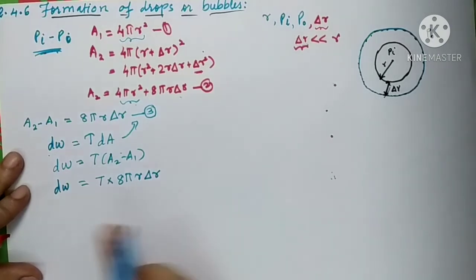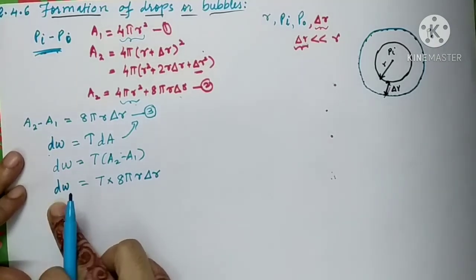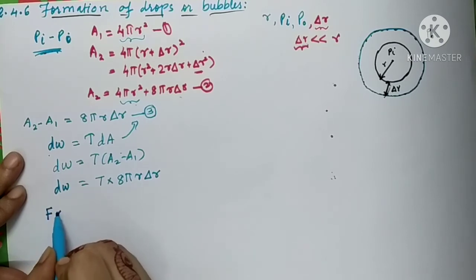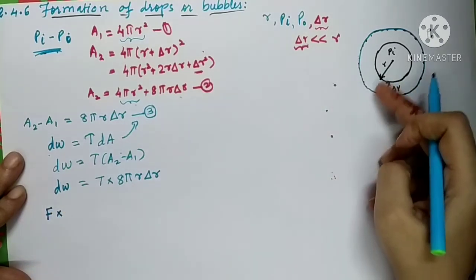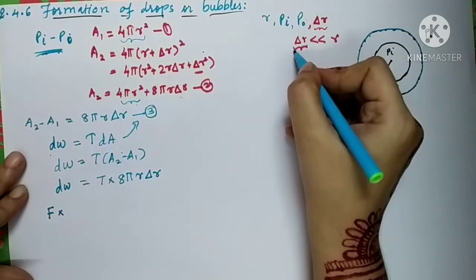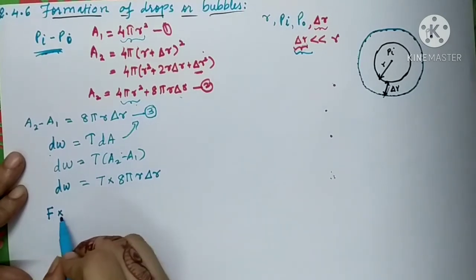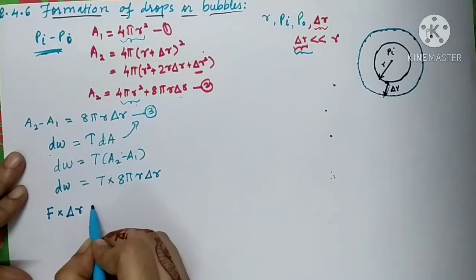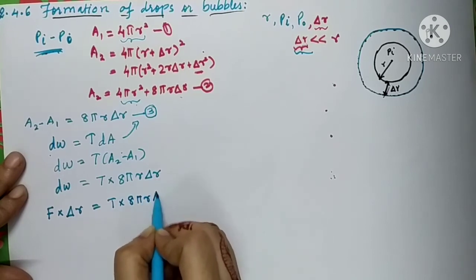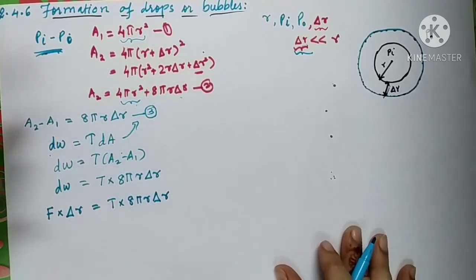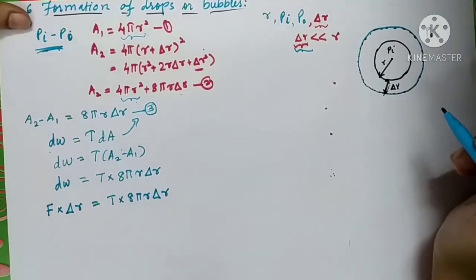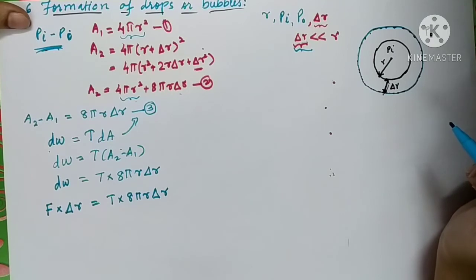But we all know that work done is force into displacement. What sort of displacement is done here? There will be just a displacement of delta r. So F into delta r is equal to T into 8 pi r delta r. This is force into displacement.